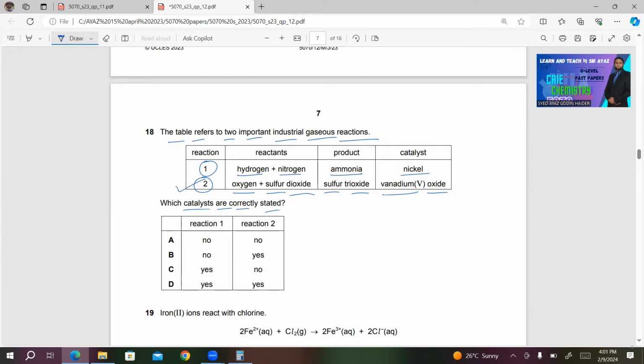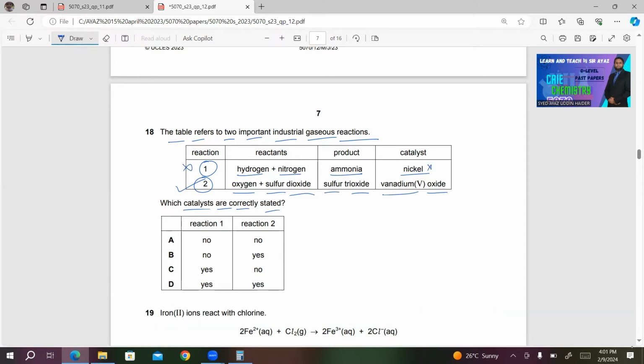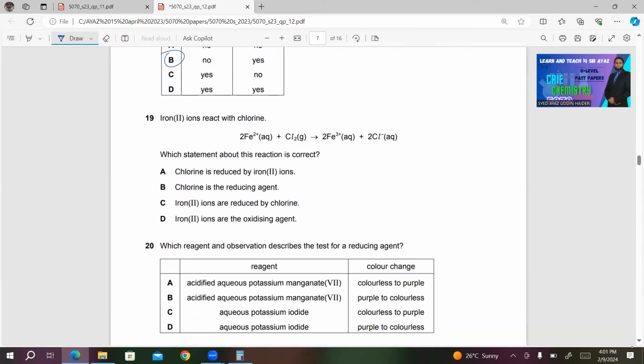Only for reaction number 2 is the catalyst stated correctly. For number 1, this is wrong. We use iron, not nickel, as a catalyst for the formation of ammonia from hydrogen and nitrogen. So obviously choice B will be the right answer in this case.